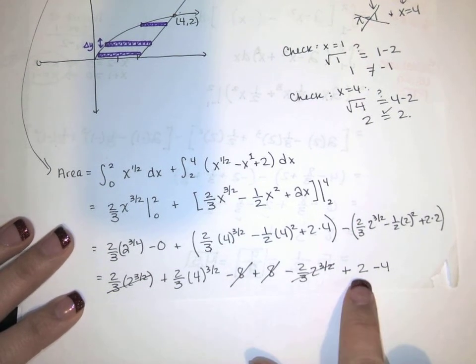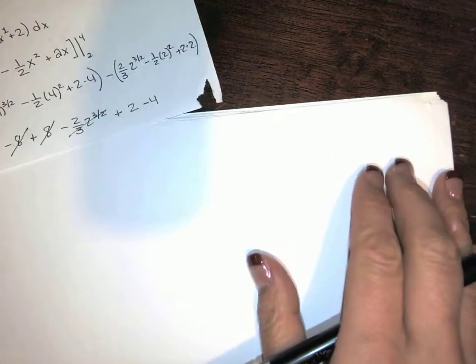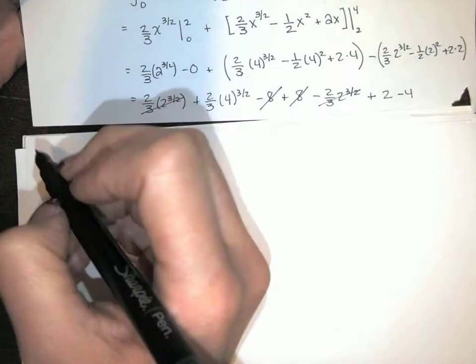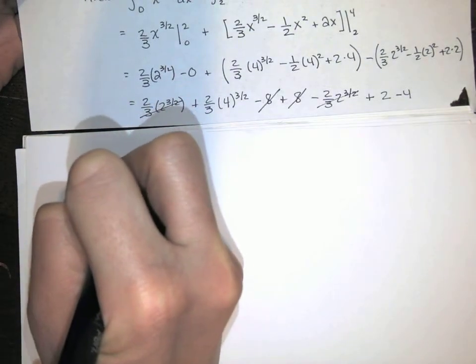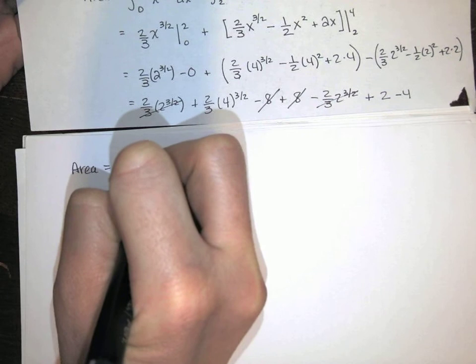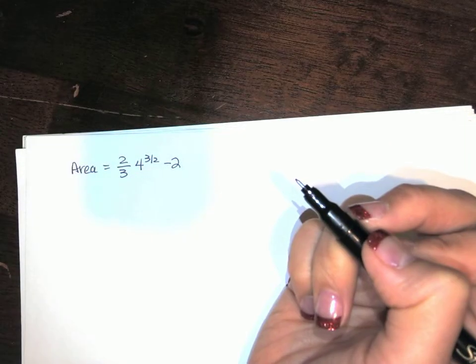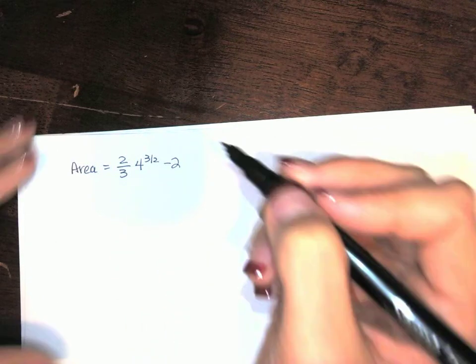It's this plus 2 minus 4, and that simplifies a little bit. Two minus 4 is negative 2. Okay, so that's our answer. But this can be simplified.